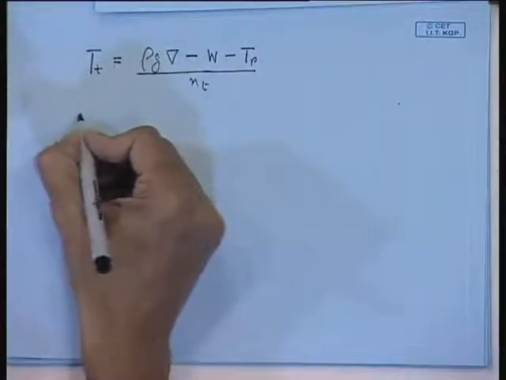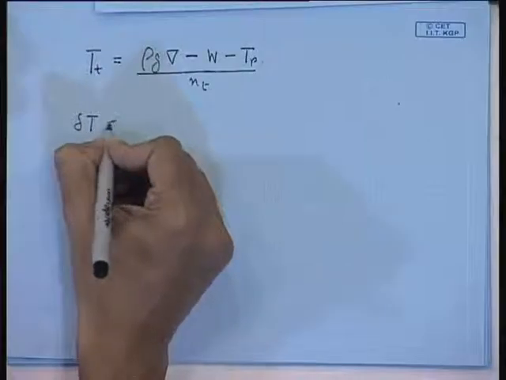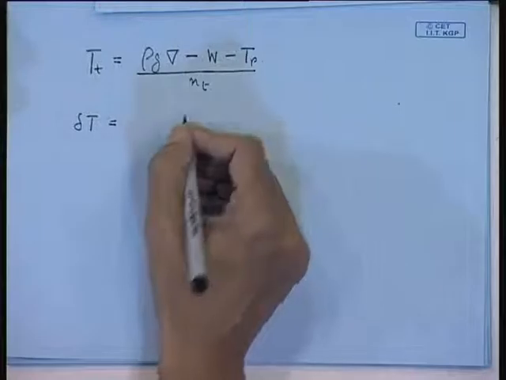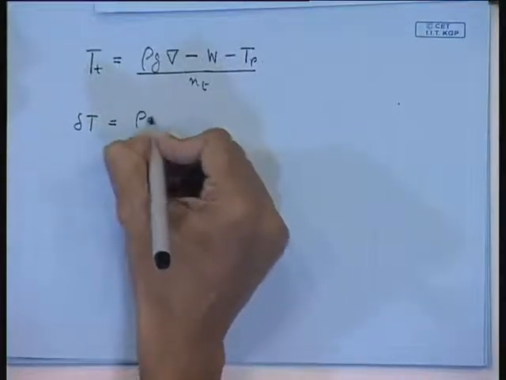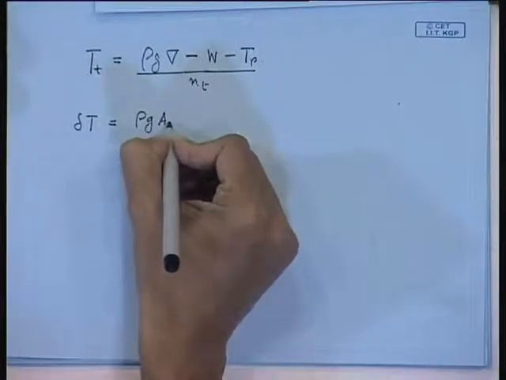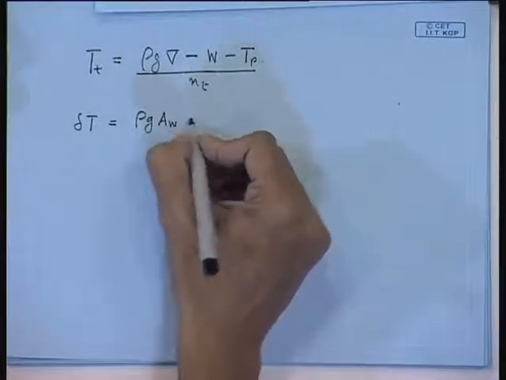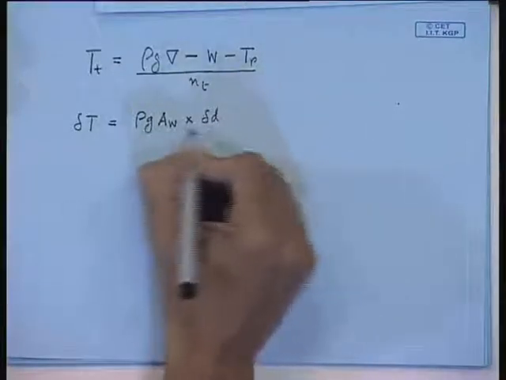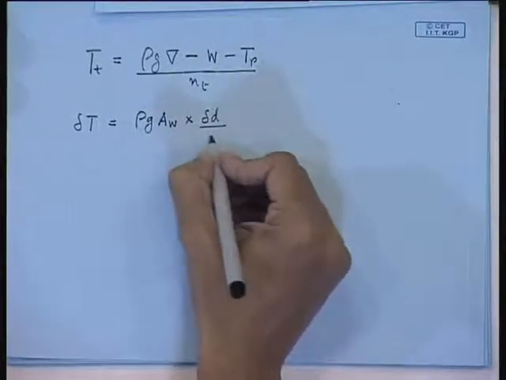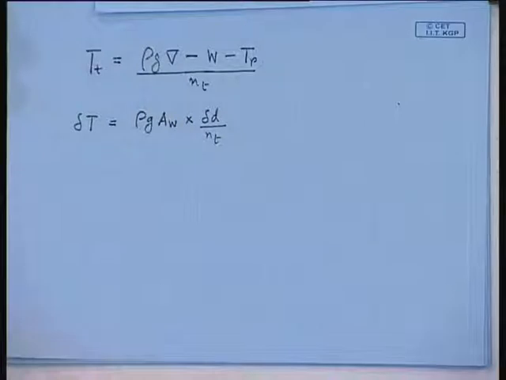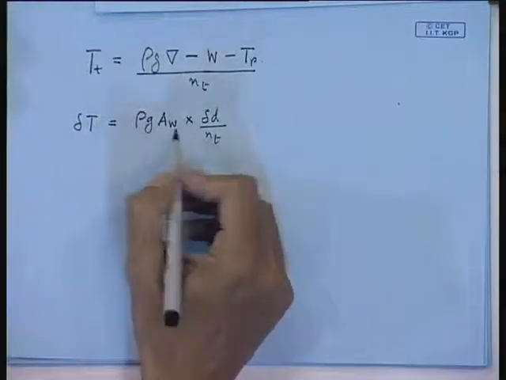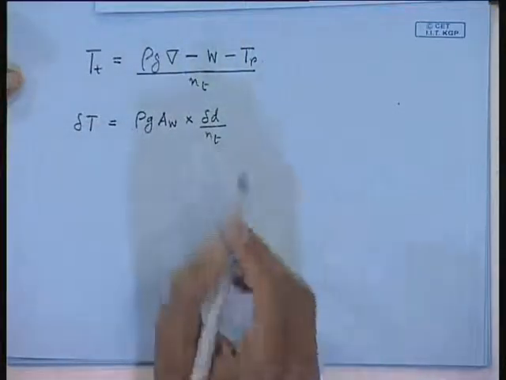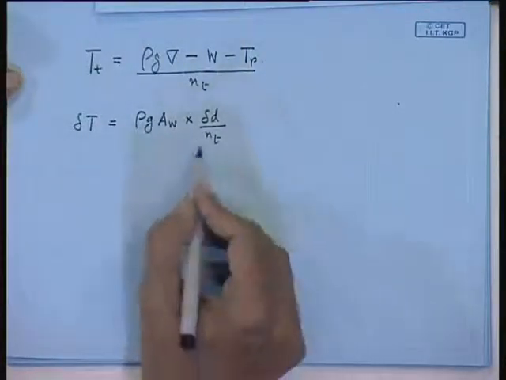Now, in change in cable tension you write delta T. So, what is your delta T? This you can find out. Okay, so this is your water plane area and delta D is change in draft. NT is the number of cables. Followed?